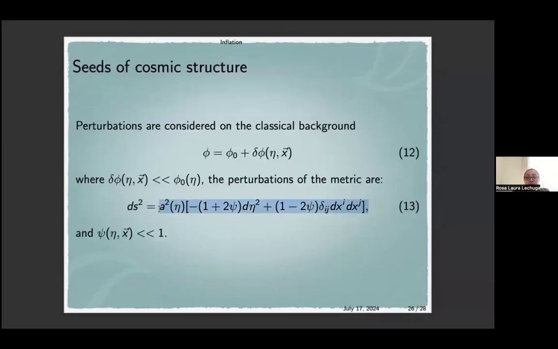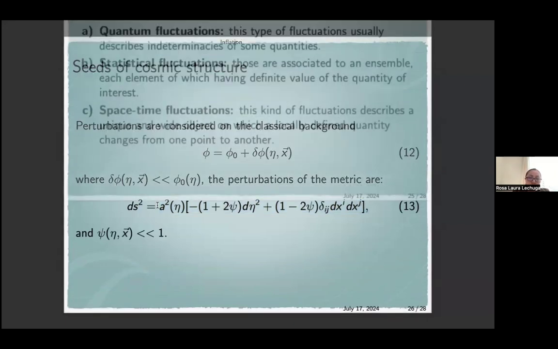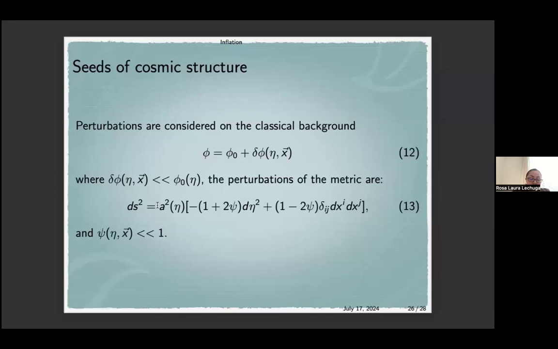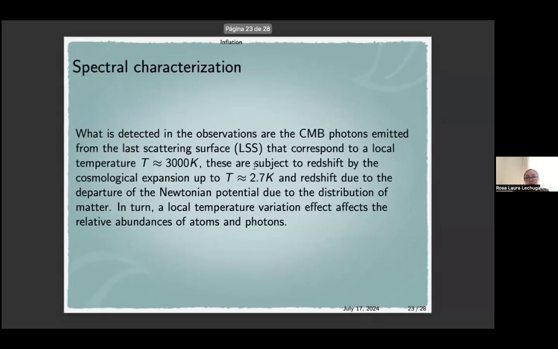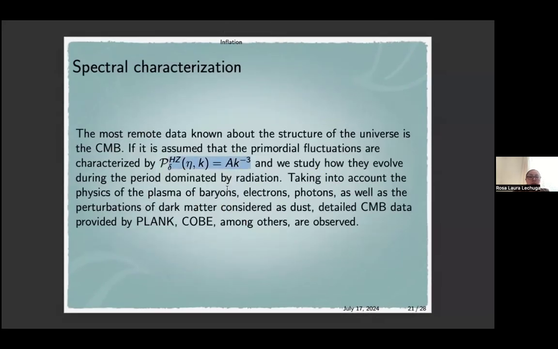So they asked themselves: okay, we have a tool or a paradigm to solve the naturalness problems, such as the horizon problem, and to explain how the universe turns into a homogeneous and isotropic universe, but we have this spectrum that works very well, the Harrison-Zeldovich spectrum, to explain the structure. So they expected that the inflation paradigm could solve also the problem of the structure.